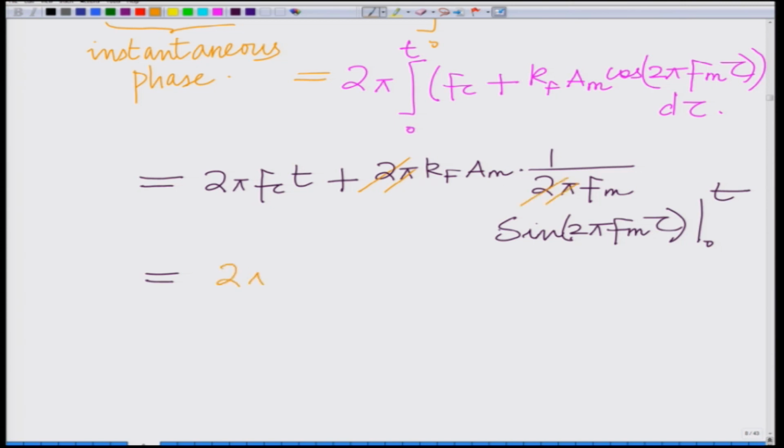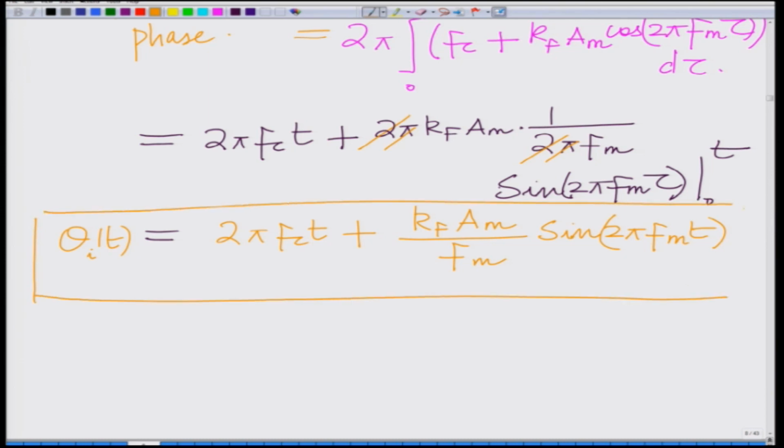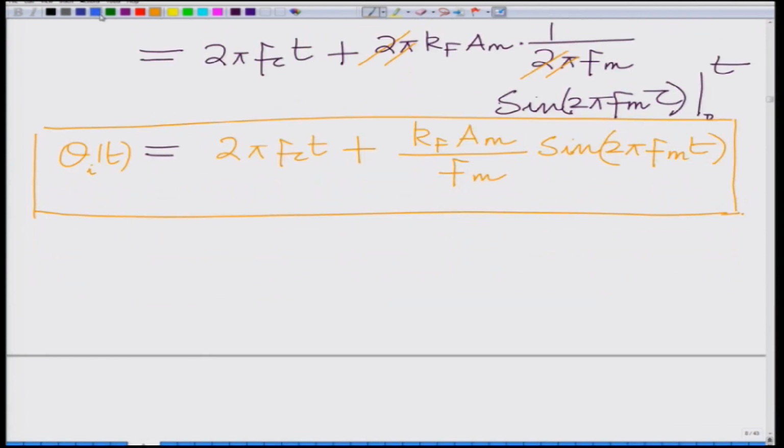So, we have 2 pi fc t plus kf Am divided by fm sine 2 pi fm t. Okay. This is basically the expression for the instantaneous phase theta_i(t), which is given as the integral of the instantaneous frequency f_i(t).